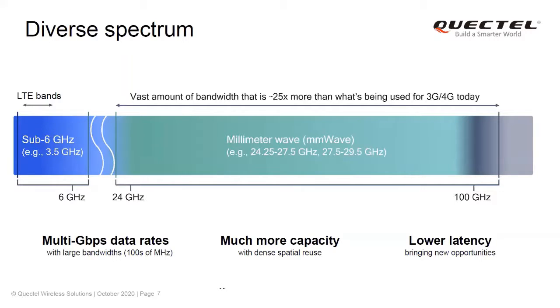So they found out they could use other frequencies for multi-gigabit data rates, because they can have larger bandwidths, much more capacity, and lower latency. This lower latency could bring new opportunities, like remote controlling of robots, or operating on patients, for example.